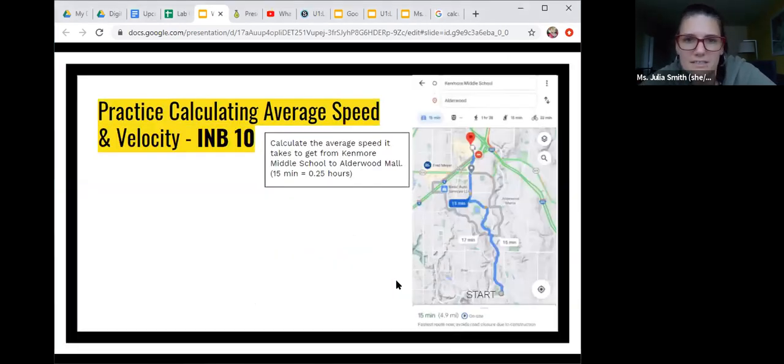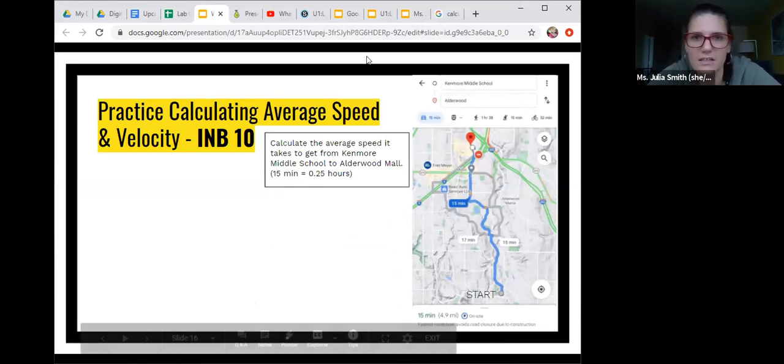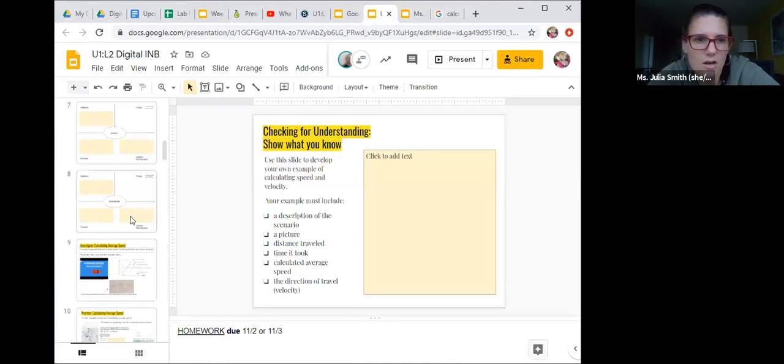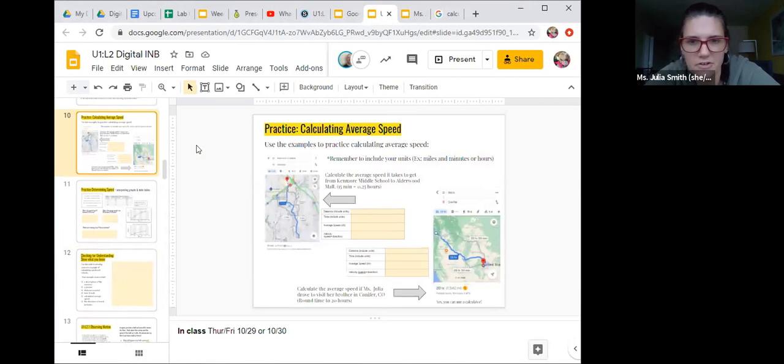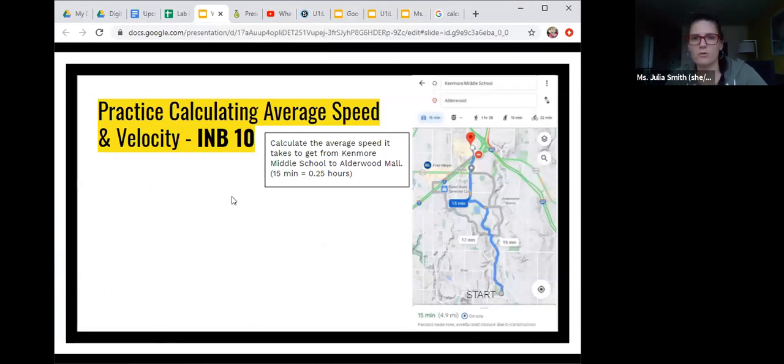So we're going to practice calculating average speed and velocity on INB page 10. So you can do this along with me on page 10 of your interactive notebook. Our first problem, we're calculating the average speed it takes to get from Kenmore Middle School to the Alderwood Mall.